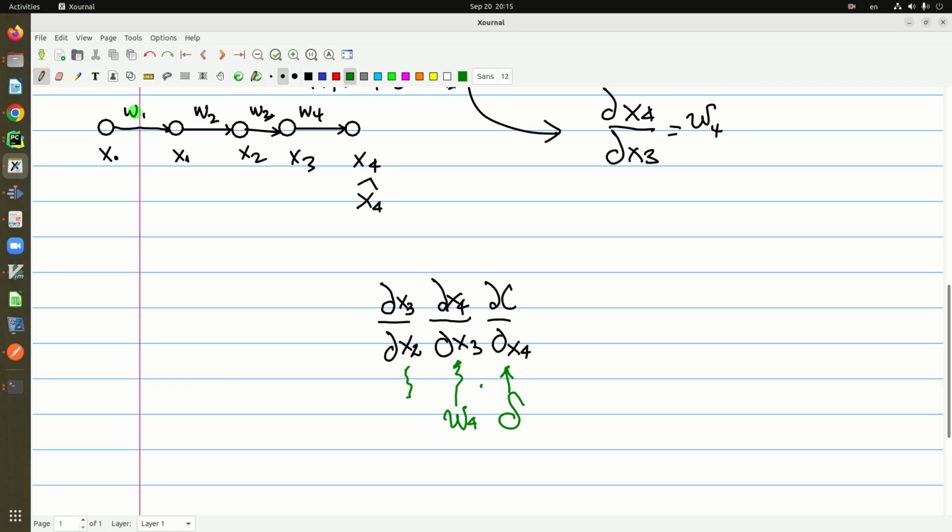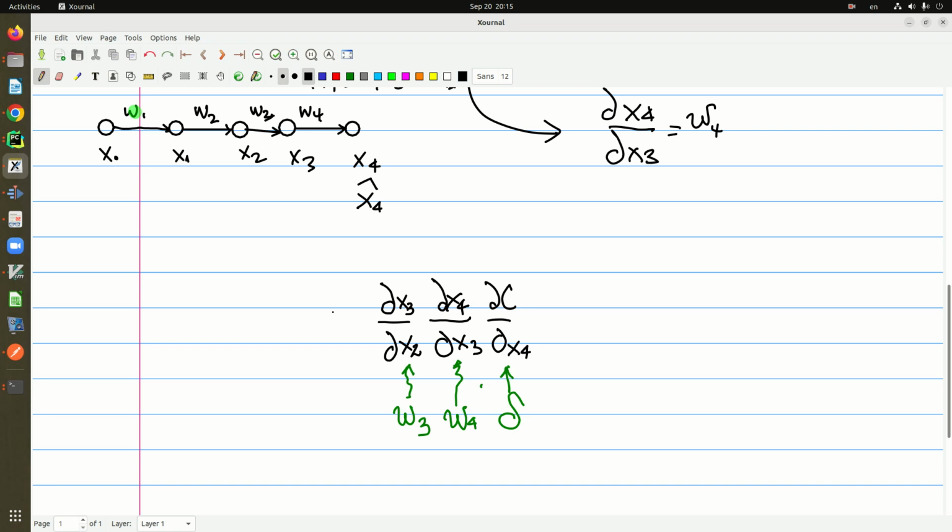This is W3. Let's move one step further.